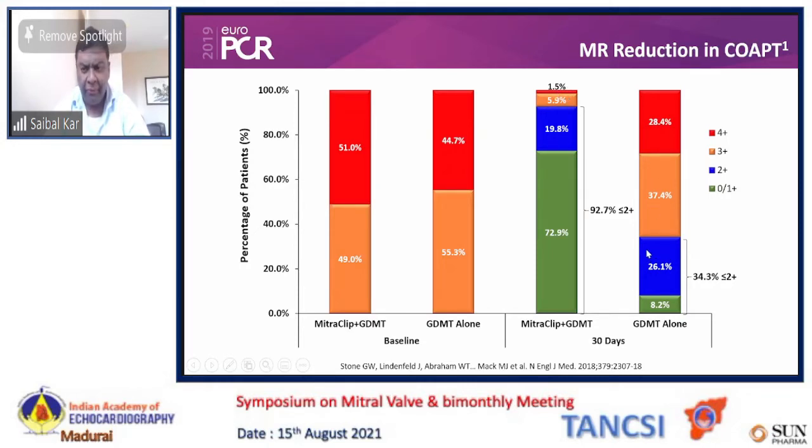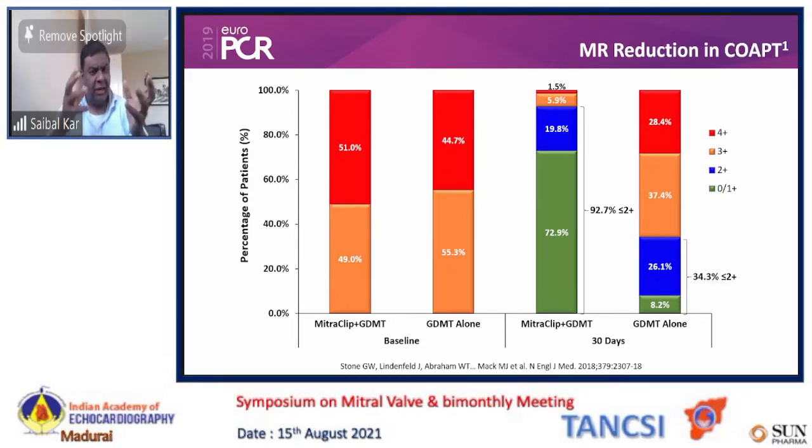You see that? This is after MitraClip. In the medical arm, a small percentage of patients improved their MR to 2 or less. So we had a group of patients at 30 days where the MR had reduced to 2+, either by the MitraClip or by GDMT. And there was a small percentage of GDMT and MitraClip patients who remained severe, about 10%.